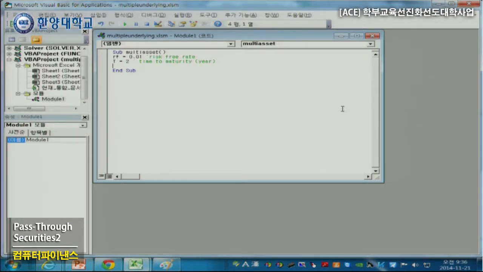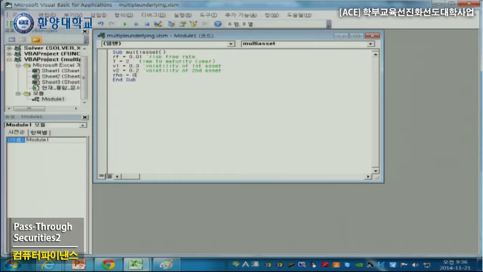Okay, so suppose there are two assets. So V1 is the volatility of the first asset. So let's say it is 0.3. And then V2 is 0.2. And then next, there is a possibly correlation between those two, right?